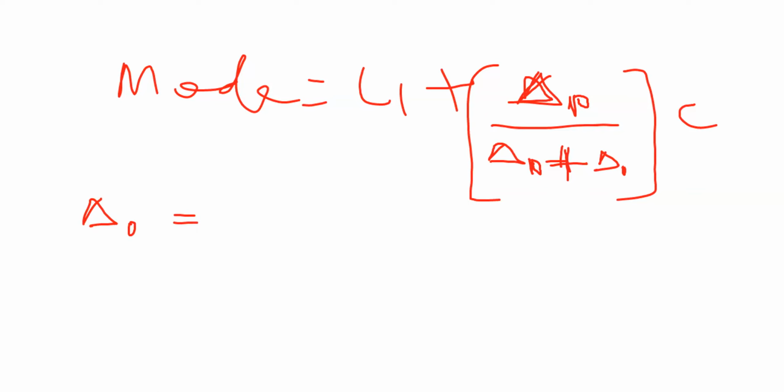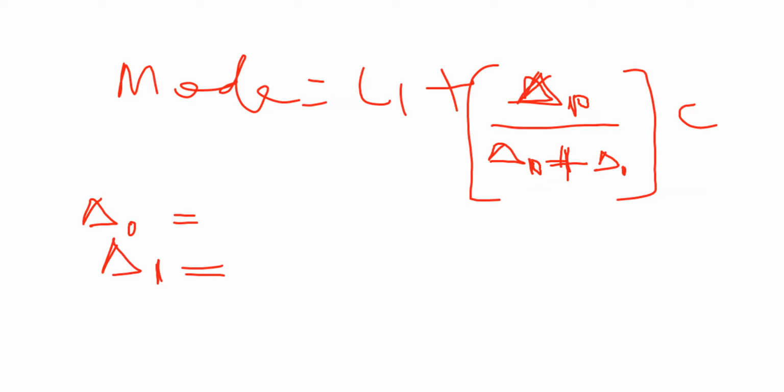The frequency after 10 is 8. So the first is pre-modal, which is 6, and the second is post-modal, which is 8. So this is now change at time 1: the difference between the modal frequency and the post-modal frequency.